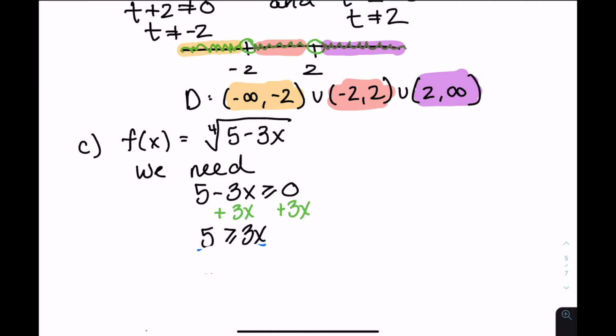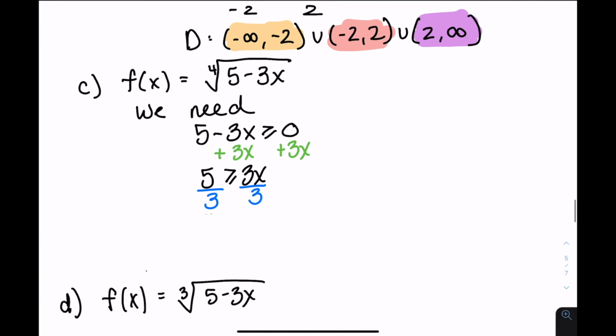That's going to give us 5 is greater than or equal to 3x. Go ahead and divide by 3, and we don't need to flip it because it's not a negative value. So x needs to be less than or equal to 5 over 3. So in interval notation, from negative infinity up to 5 over 3, we're good. We'll have a positive or 0 expression under that radical.